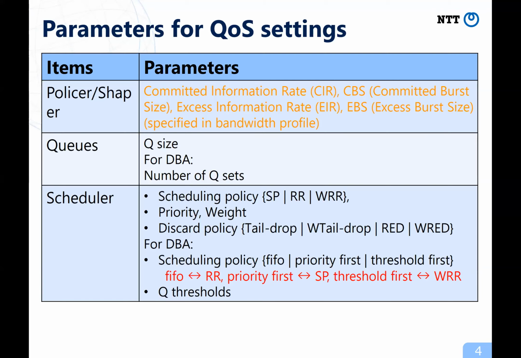Scheduler needs parameters of scheduling policy, priority, weight, and discard policy. For DBA, it needs scheduling policy and queue threshold. Scheduling policy for DBA can be corresponded to normal scheduling policy, such as round robin, strict priority, and weighted round robin. So if we write either, we can omit one scheduling policy.